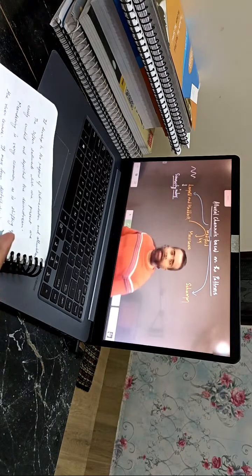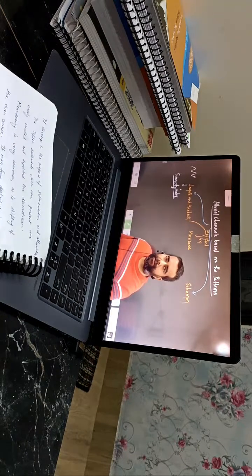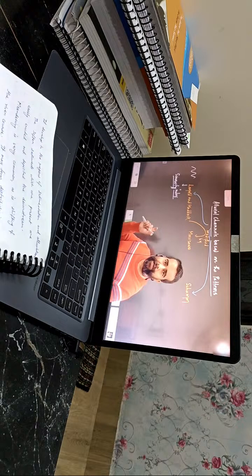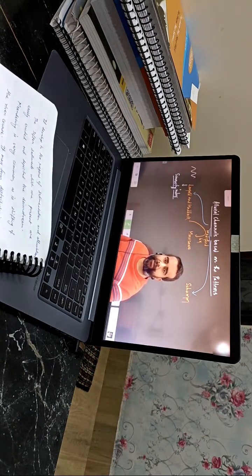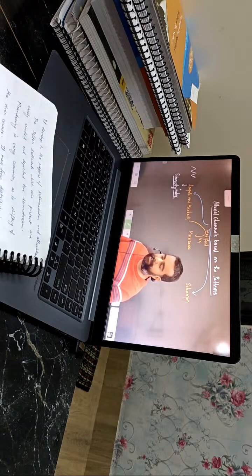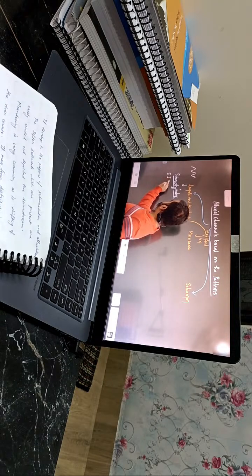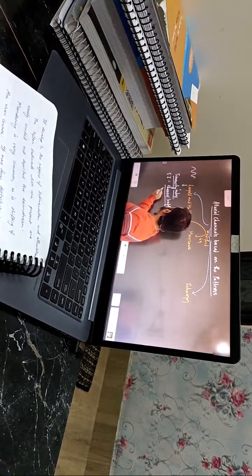They said that based on the value of the sinuosity index, we can know what type of stream is there. In order to get the sinuosity index, we need to divide the channel length by the valley length. So as per them, SI is the channel length, the total length of the river, divided by the valley length.